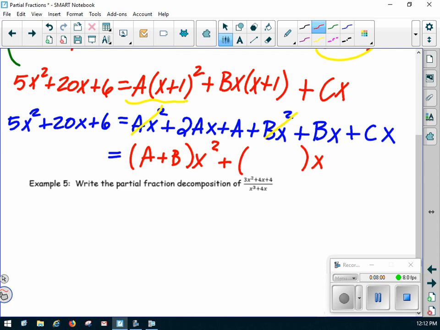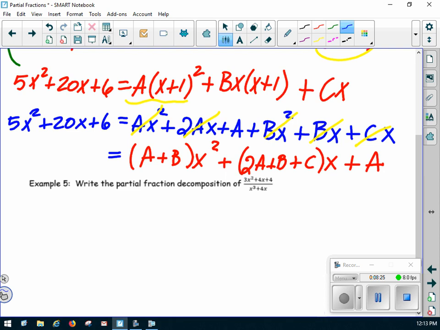Two a plus b plus c. So that's gone, and that's gone. And then plus a, yeah. But this old boy isn't too bad.